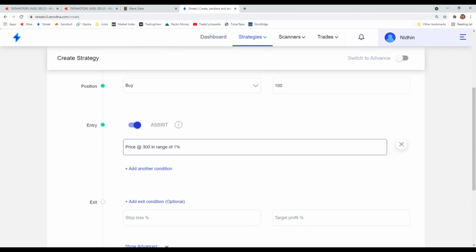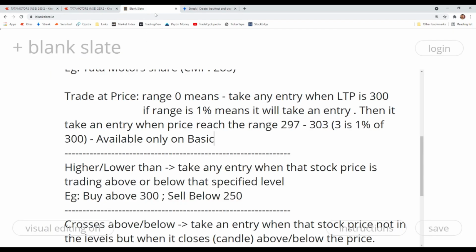The 1 percent of 300 is 3 rupees. So the range will be 300 minus 3 and 300 plus 3. That is the 1 percent range of 300 rupees, and as shown below, the range would be 297 and 303.